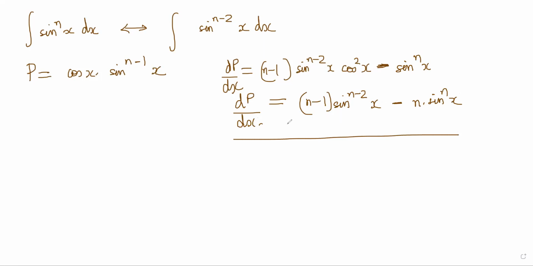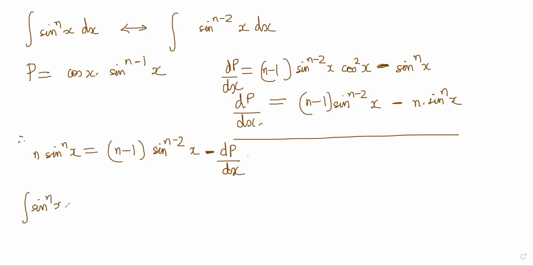Now, once we have this, we can say that n sine power nx is equal to (n minus 1) sine power (n minus 2)x minus dp by dx, and therefore the integral of sine power nx is coming out to be (n minus 1) by n times the integral of sine power (n minus 2)x dx, minus P, which was cos x.